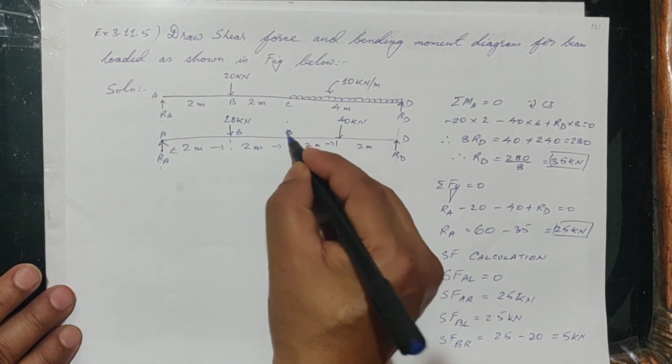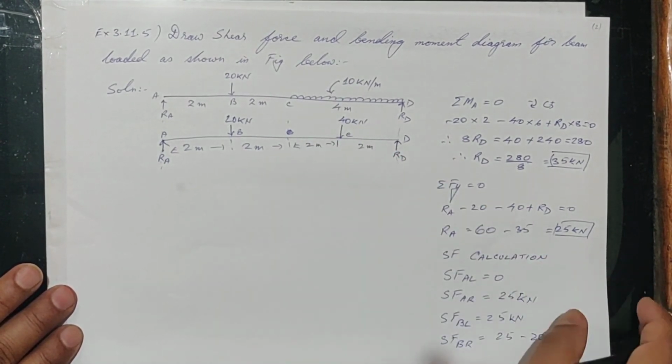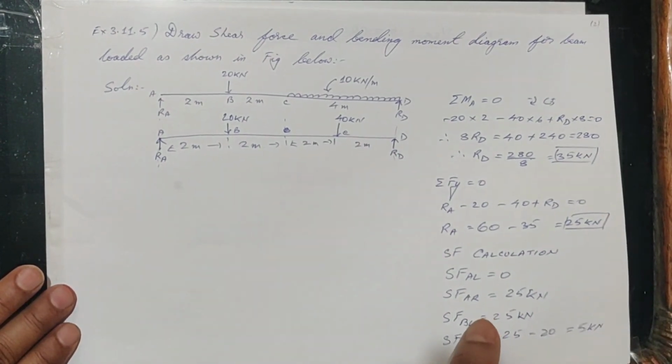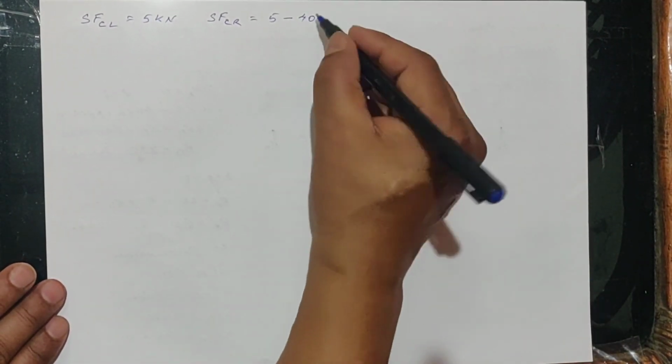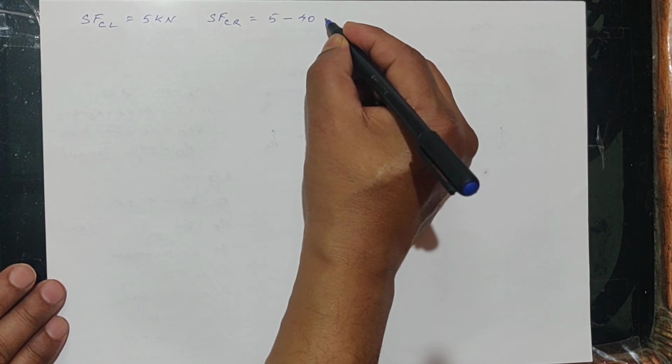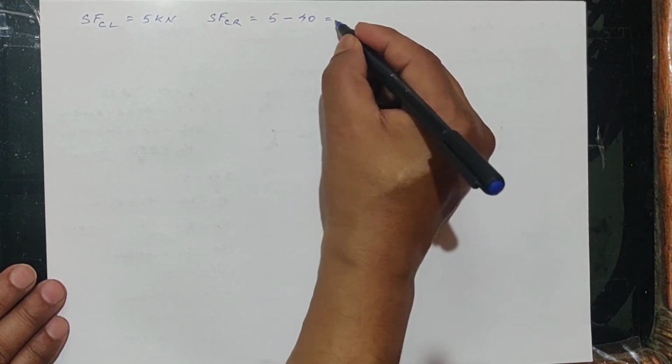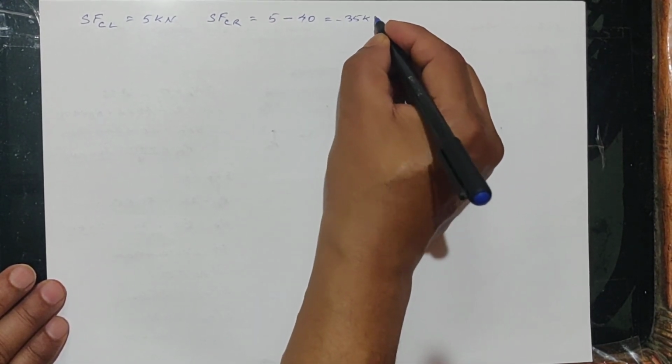We will take this point as C, not this point as C. So that is equal to minus 35 kilonewton.